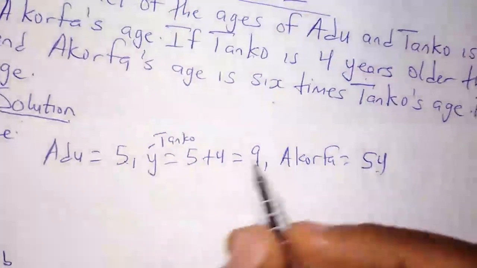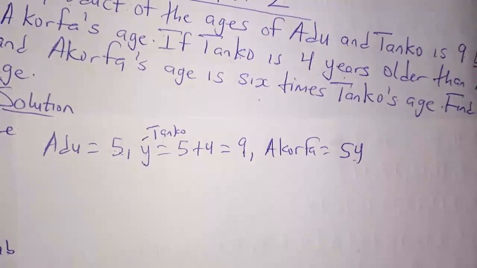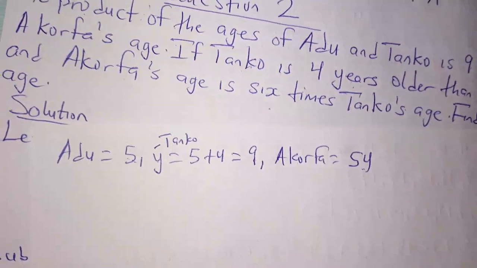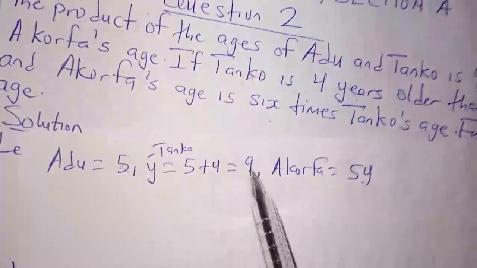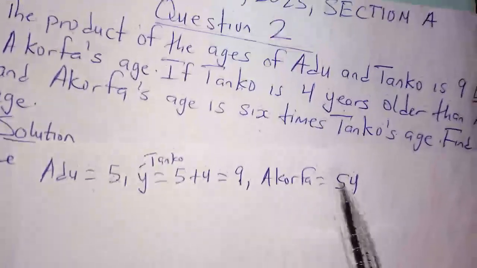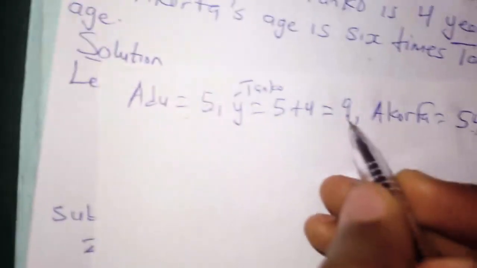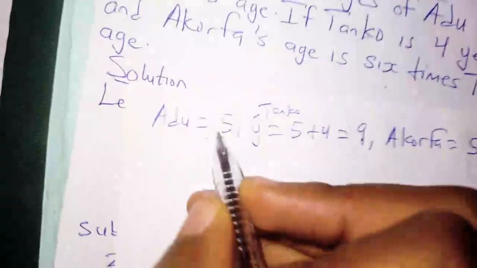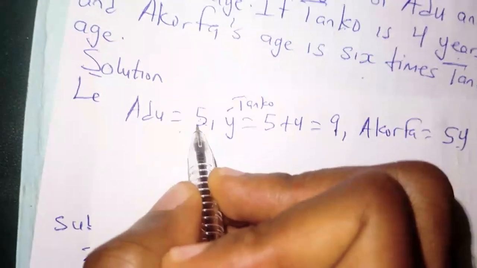Definitely 45 is 9 less than 54, because by the time you remove 45 from 54, you're going to have 9 left. That is settled. If Tanko is 4 years older than Adu, you've seen that here. 9 is 4 more than 5. So Tanko is 4 years older than Adu.